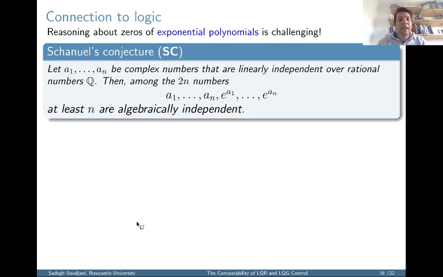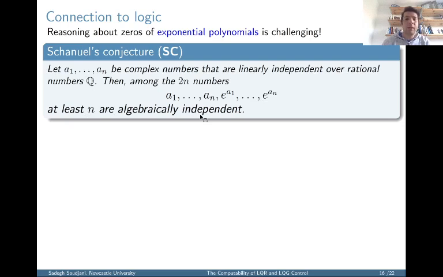Schanuel's conjecture says that suppose you have some complex numbers a1 until an that are linearly independent over rational numbers. If you take the exponential of these values, e to the power a1 until e to the power an, so you have 2n numbers, among these 2n numbers, at least n are algebraically independent. This is the claim of the conjecture.